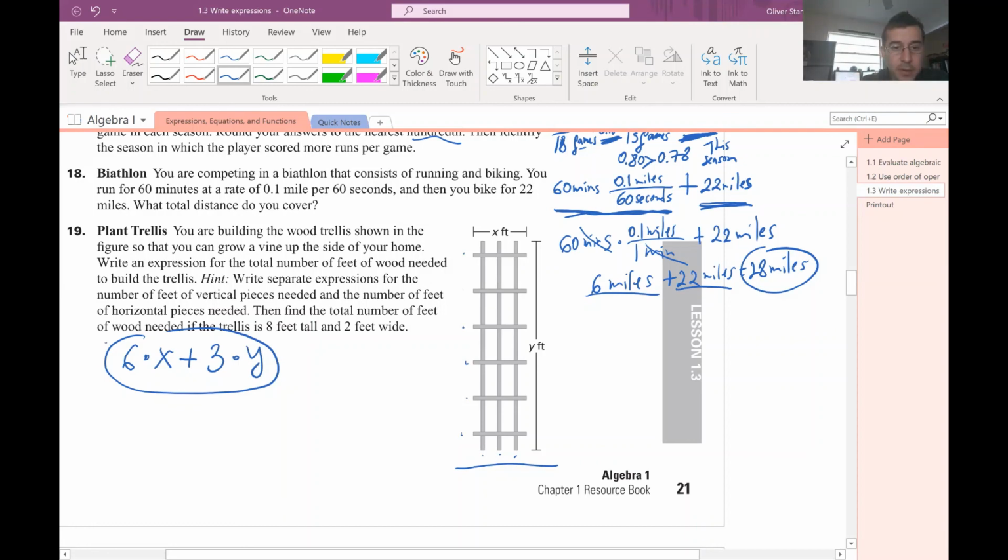Then the question is, find the total number of feet of wood needed if the trellis is 8 feet tall. So y is 8 feet. 8 feet tall. Y is how tall it is. And then 2 feet wide. X is how wide it is.